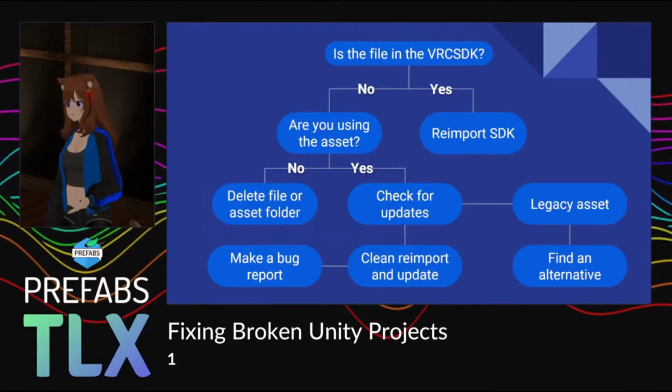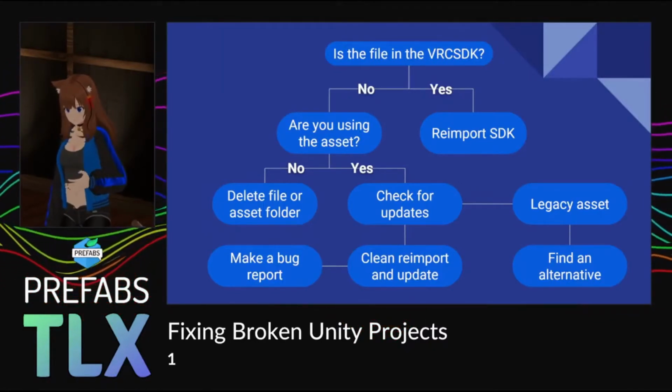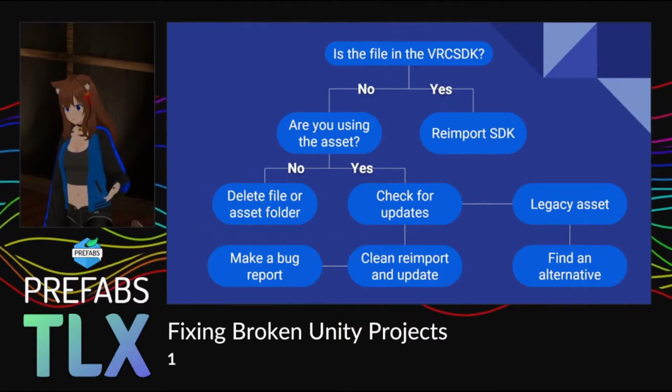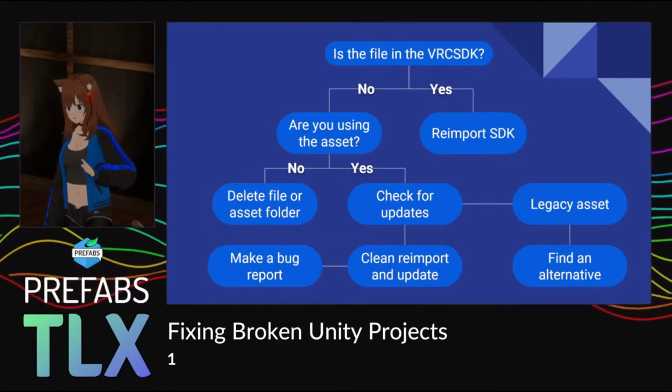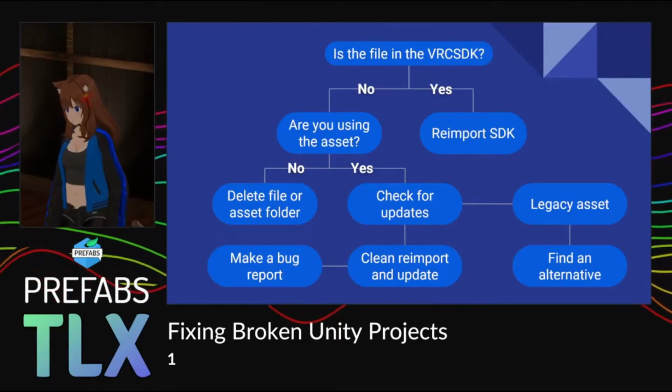And in the case it's a legacy asset that has no support for newer Unity, then the best thing is either Google around for a quick fix or find a newer alternative that works for the current Unity version we are using.